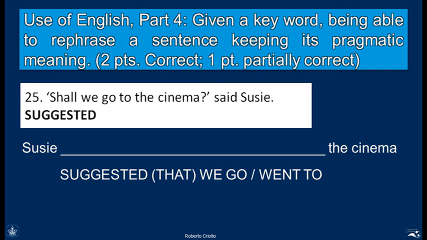If you see, the word that is optional, and also you can use the verb in present, go, or in past, went, if you want to match for the reported speech, because basically that's what we're doing. It could be present, it could be past. So as you can see here, there are different possibilities for the correct answer, and there is another option which will be Susie suggested going to the cinema.